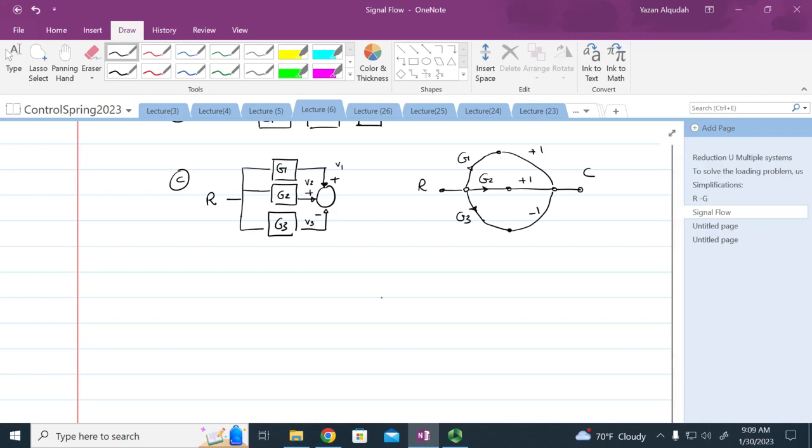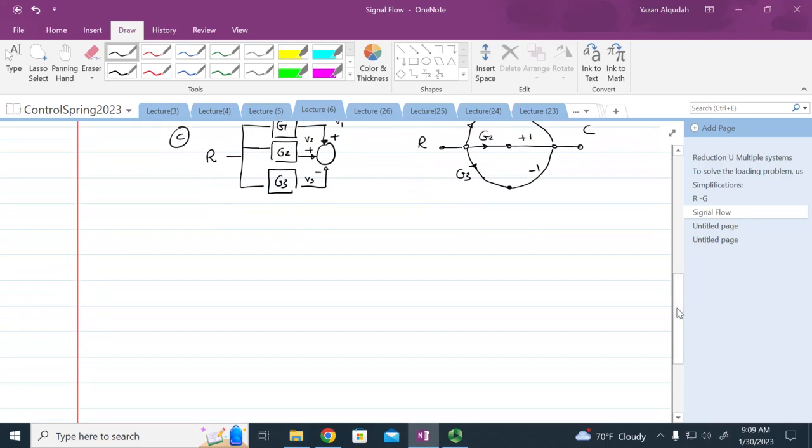Okay, let's take the example that we've done before and convert it to a signal flow. So let's go back.